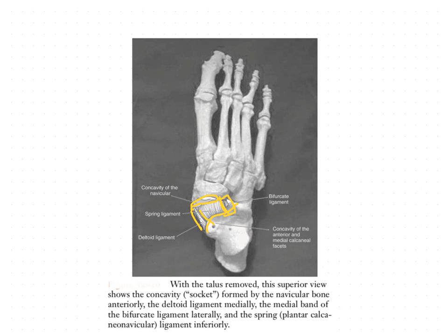Seeing all these relationships, the large convexity of the head of the talus can be considered as a ball received by a large socket, formed anteriorly by the concavity of the navicular bone, inferiorly by the concavities of the anterior and medial calcaneal facets and by the plantar calcaneonavicular ligament, medially by the deltoid ligament, and laterally by the bifurcate ligaments.